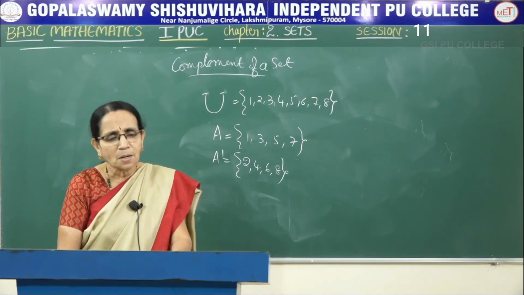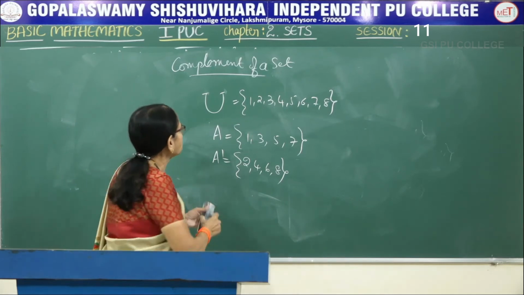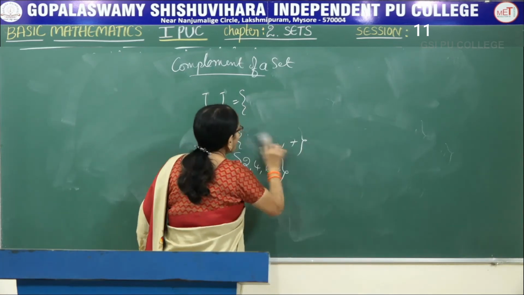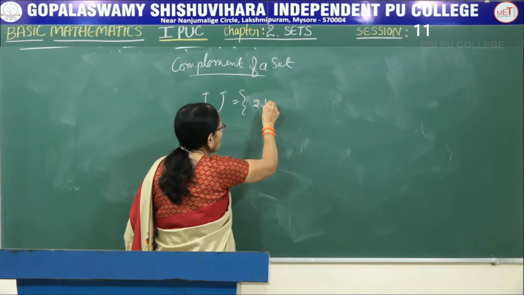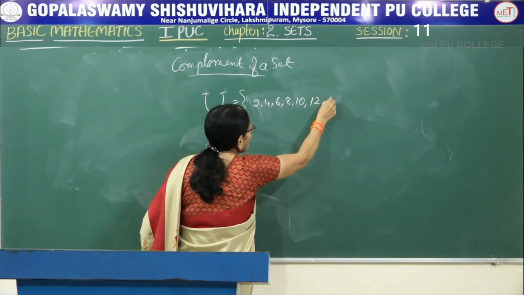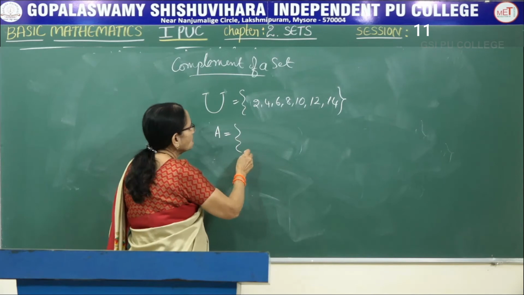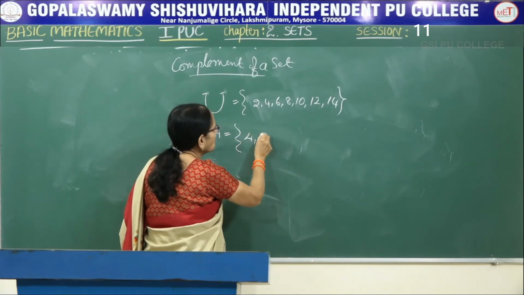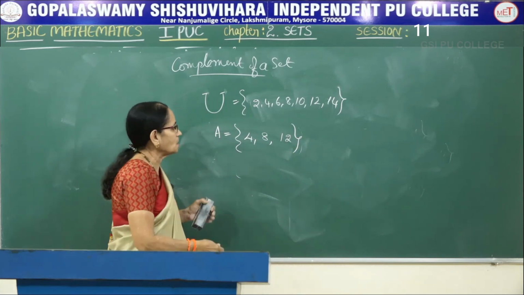Now let me take another example to make the point clear. Let U contain 2, 4, 6, 8, 10, 12, 14. Let A contain the elements 4, 8 and 12. So I am taking 3 elements here.